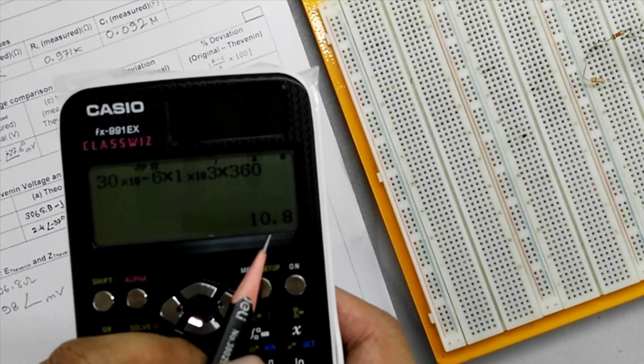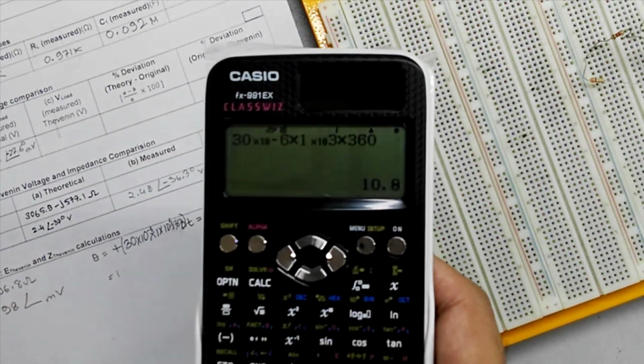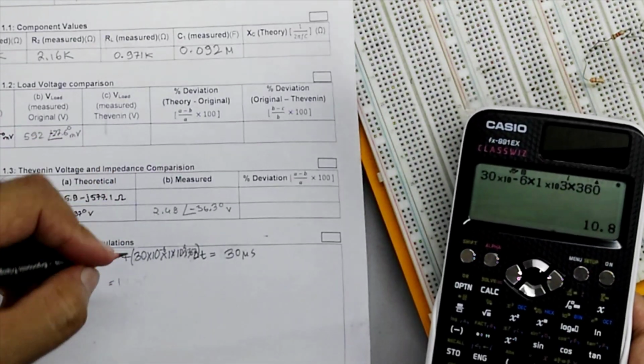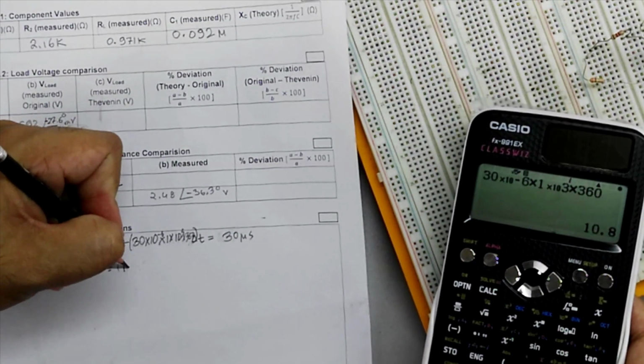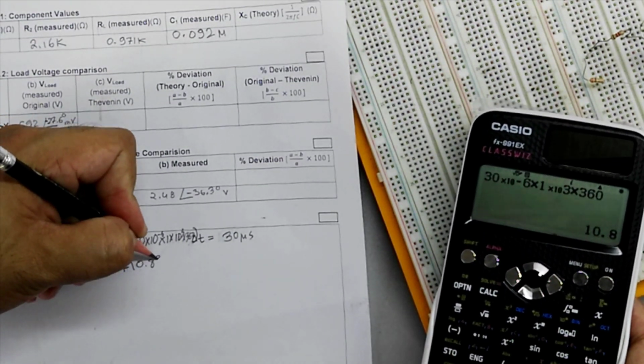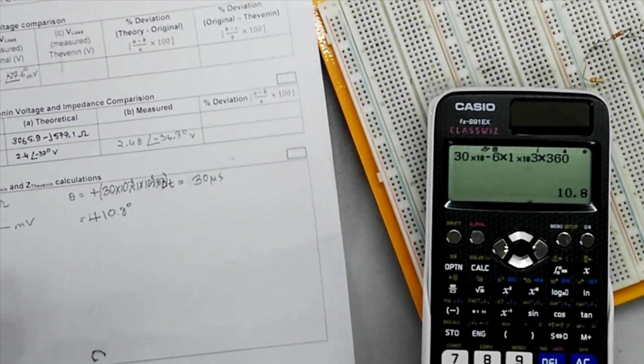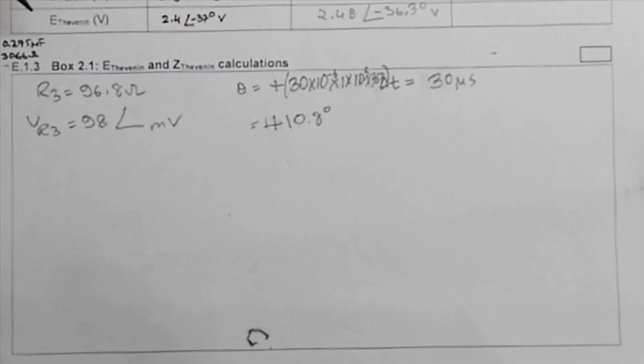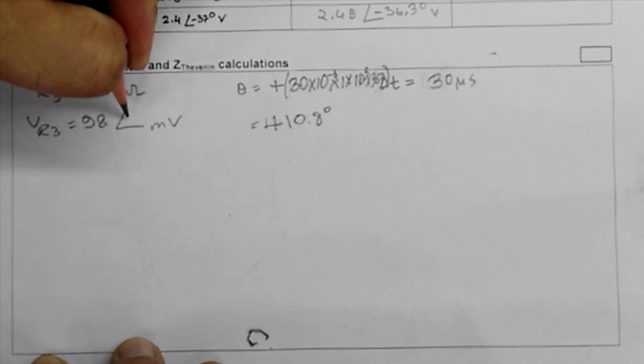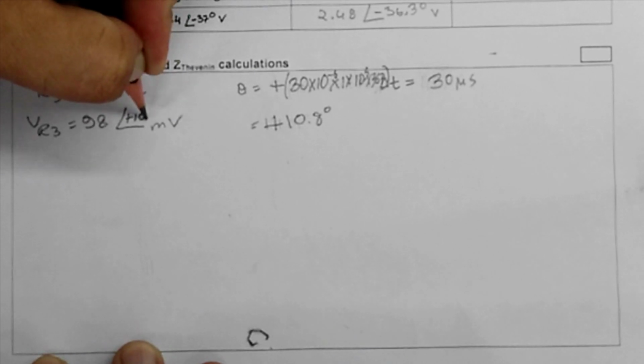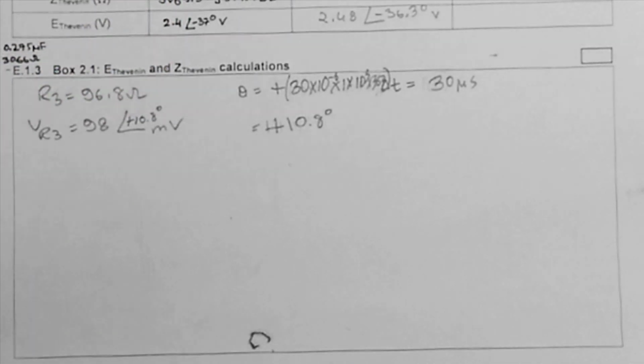So 10.8 degree is our phase. So our VR3 is 98 angle 10.8 degree millivolt. So this is our VR3.